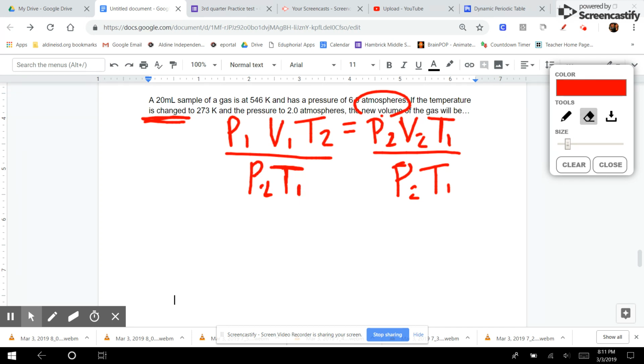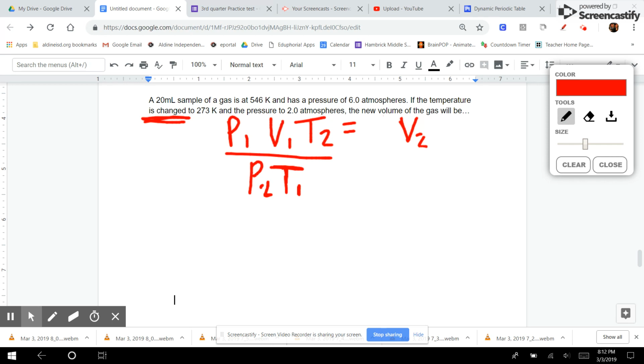Okay, I'm just going to clean this up a little bit. Okay, so that's step one. Get the variable that you're solving for isolated.